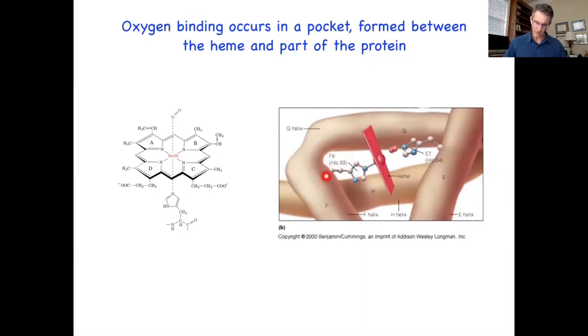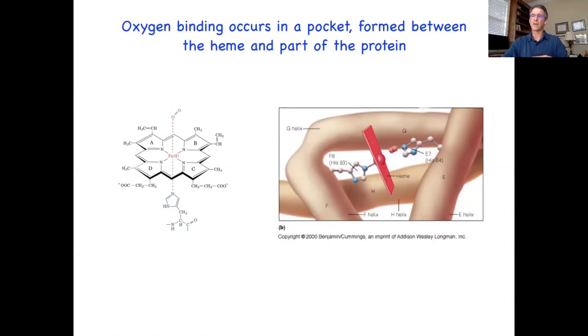There's that one histidine on the so-called proximal side, and then the opposite, the distal histidine, I'm sorry, it's another histidine on the other side, and there's a little pocket that's just perfectly oriented for the oxygen to interact with that heme iron atom. Now, how this works in some detail we're going to look at, but in broad strokes, that's what's going on with oxygen binding to the heme.